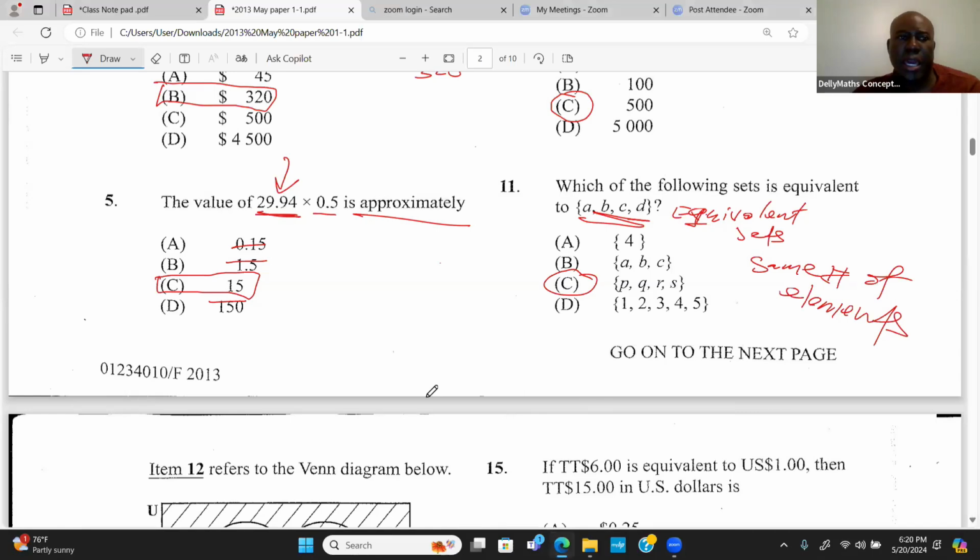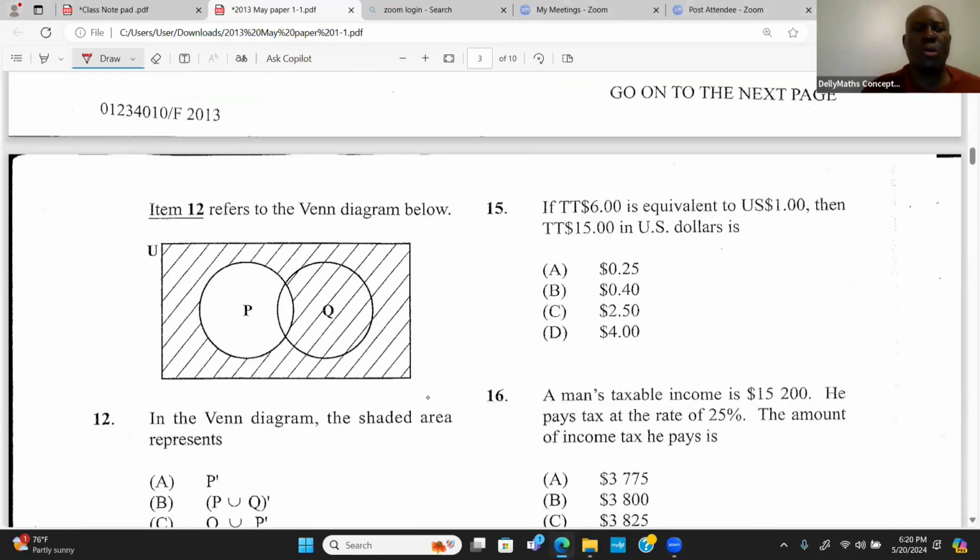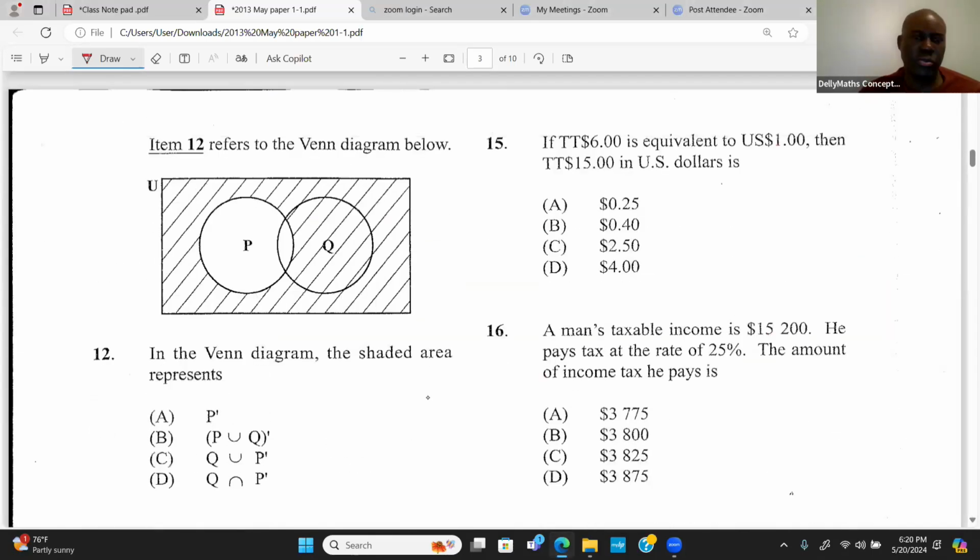Sets come up a lot. As I said to you, sets are going to come right here every time. When you reach number 12, it's going to be sets. It says here, if in the Venn diagram the shaded region refers to what we call the complement of P, or P complement. The complement of something is everything outside of the thing.